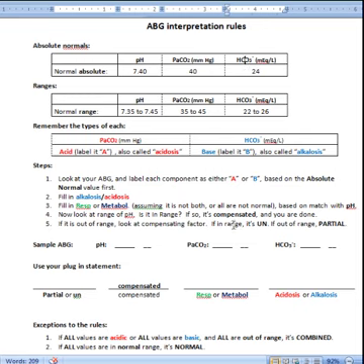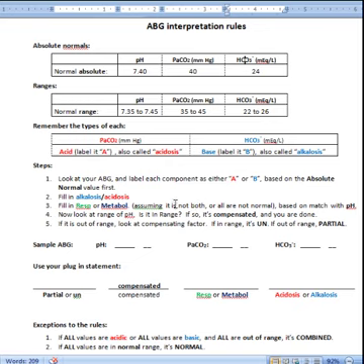If the compensatory factor is in range, it's uncompensated. And if it's out of range, it's partially compensated. That's because we're making the assumption that if the compensatory factor is in range, it's not even trying to compensate, and so the blood gas is completely uncompensated. But if the compensatory factor is out of range, it's trying to compensate, so it's partially compensated.